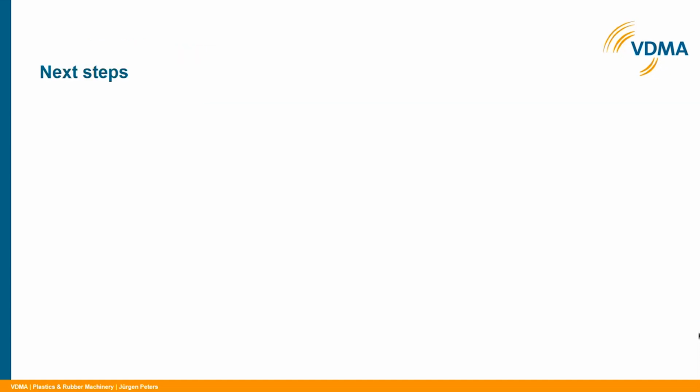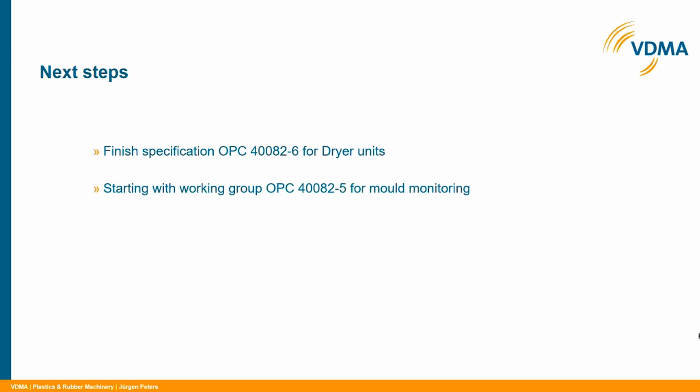So, what are the next steps at ARBURG? We have communicated a proposal for the 82.6 specification to the VDMA and the working groups. We start with the 82.5 specification for mold monitoring, where we already have first experience with the company HEC. We showed it at several exhibitions.